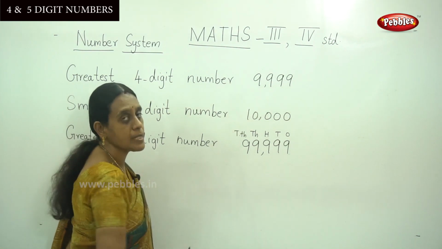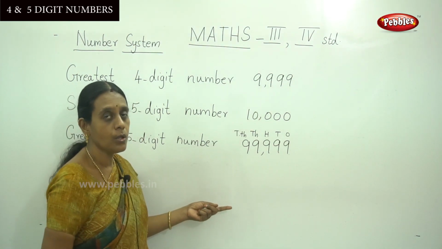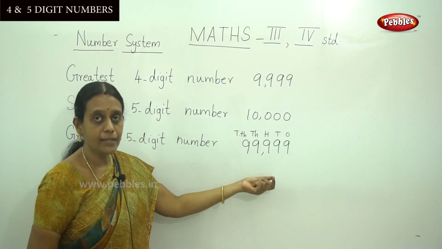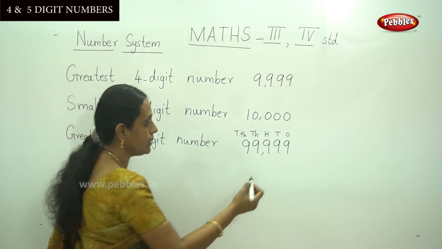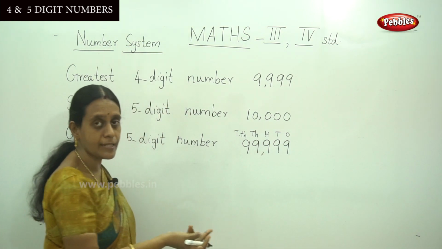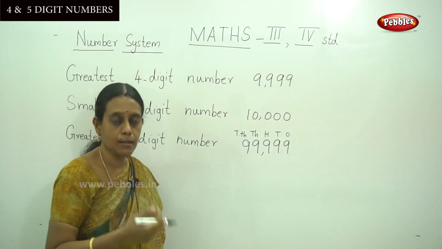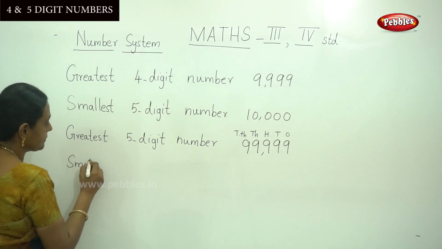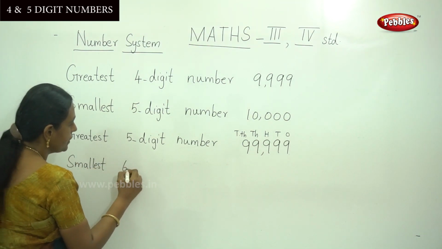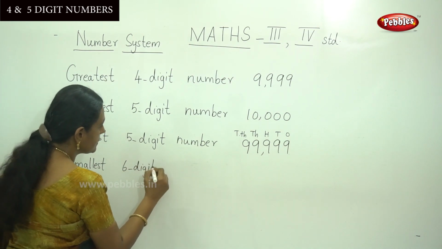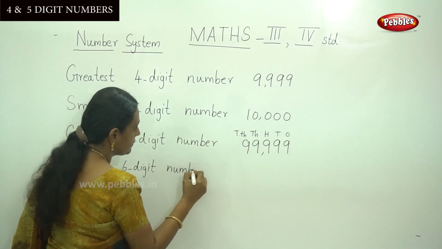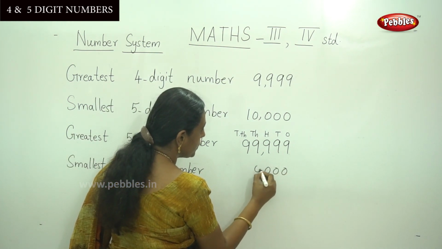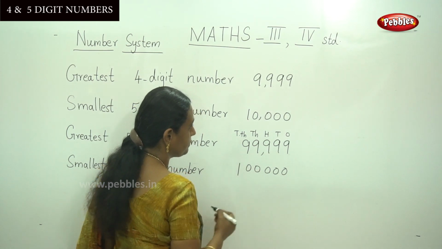Similar to our previous example, here also you have to add one to this number. Simply adding 1 to this number, you get the next number, the smallest 6-digit number, that means 1 followed by five zeros.